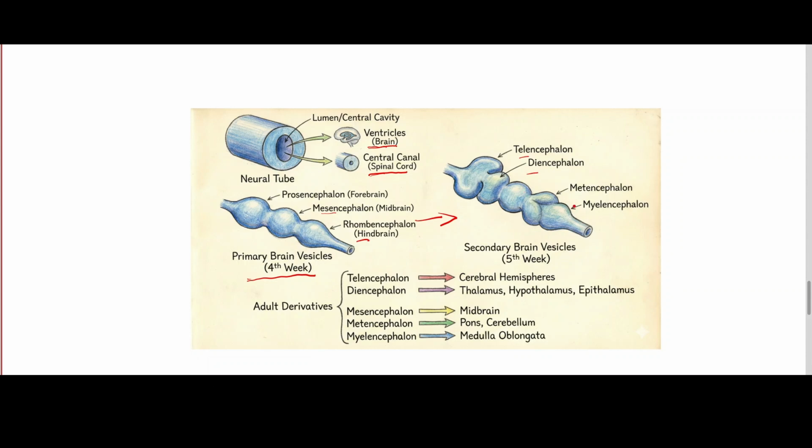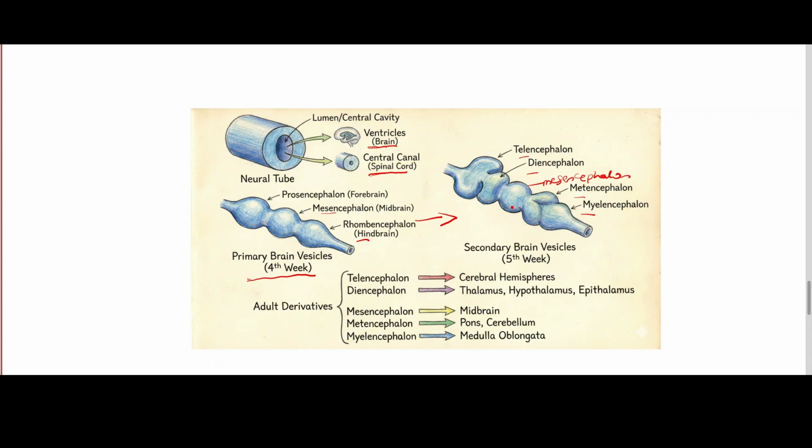The rhombencephalon divides into the metencephalon and myelencephalon, while the mesencephalon, the midbrain, remains undivided. So this gives us the five secondary brain vesicles.